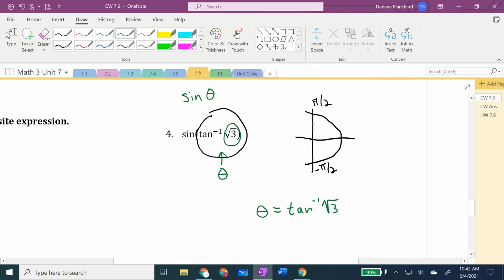So where is root 3 when you're dealing with inverse tangent? Does everyone remember where we're going to find tangent of theta being root 3?